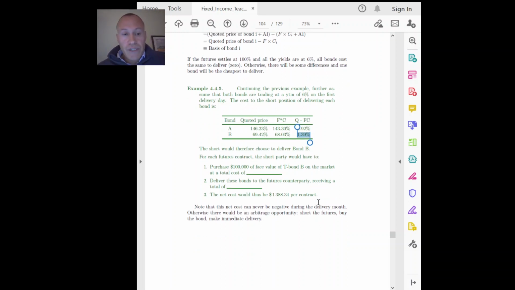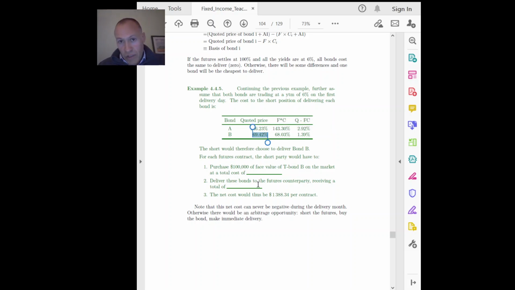So in summary, what would happen at the delivery date of the contract? What the short party would do would be the following: he would go to the market and, for each futures contract unit, purchase $100 of face value of this bond B, okay, for a total cost of this, which we already computed, so 69% of the $100,000.